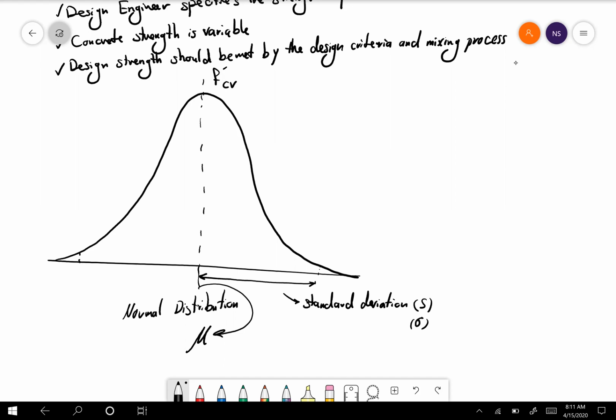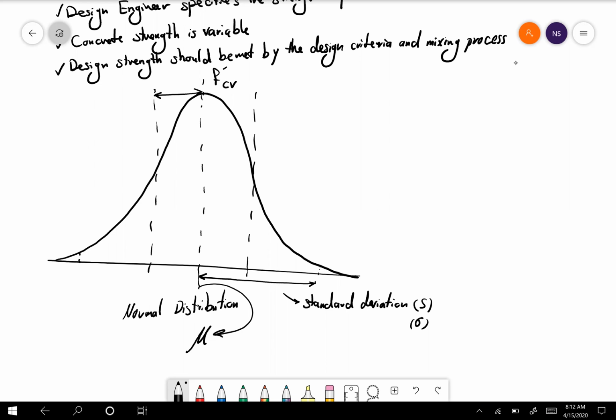And if you remember the confidence levels or confidence intervals, for each confidence level we have a certain limit of allowed standard deviation range.